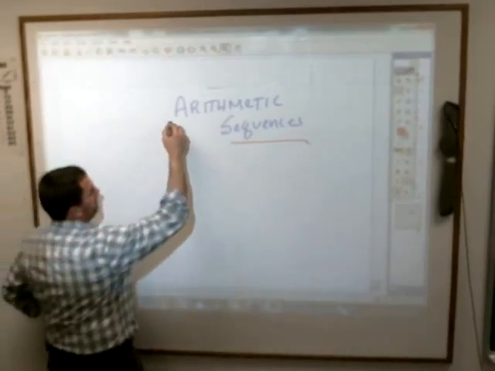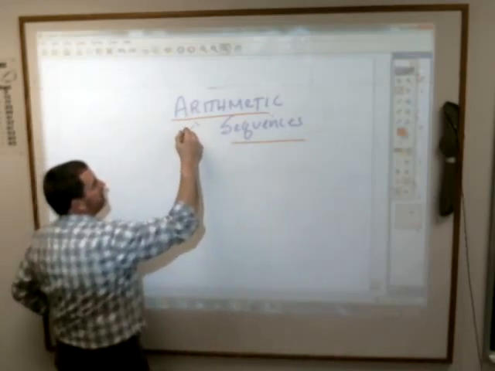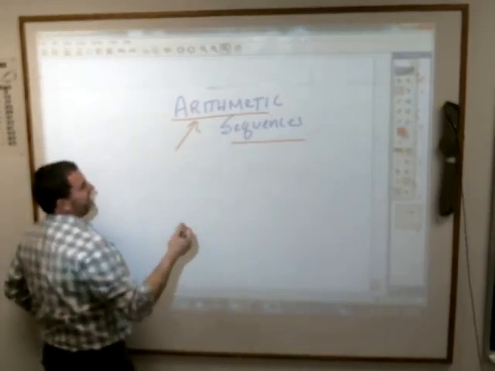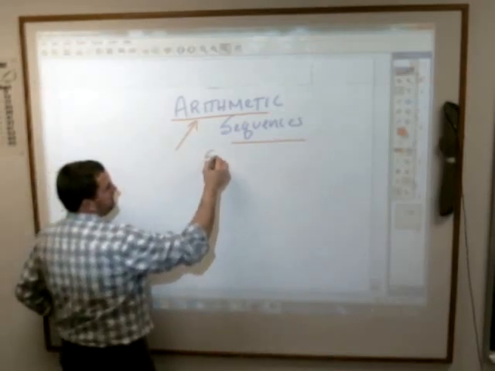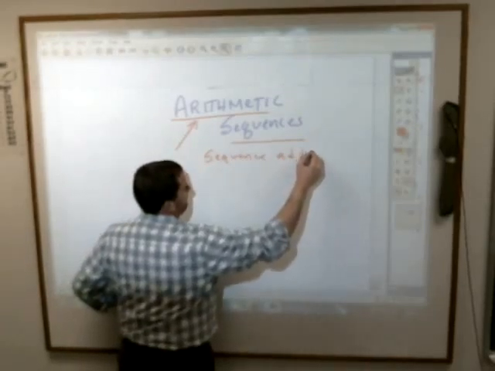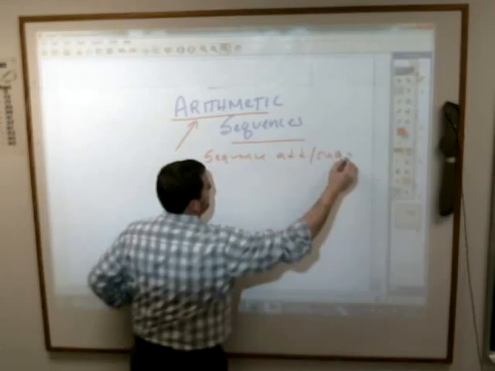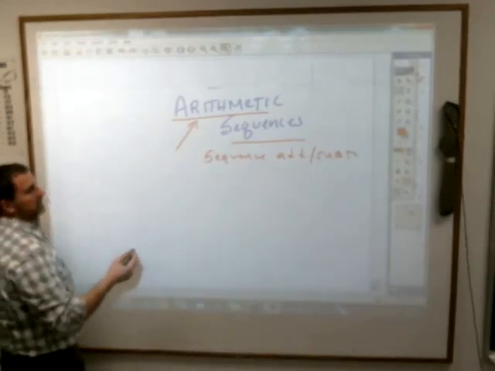But notice this one, we're talking specifically about arithmetic ones, which means you're talking only about the sequences that involve adding or subtracting. We're not talking about multiplication ones. When you're looking at these kind of sequences, it looks like this.